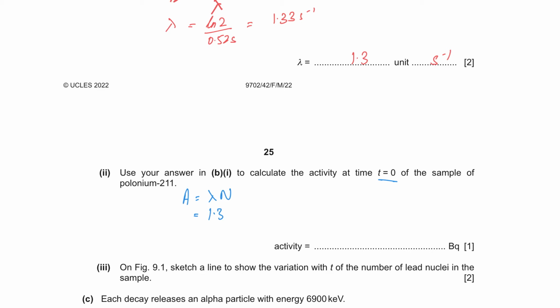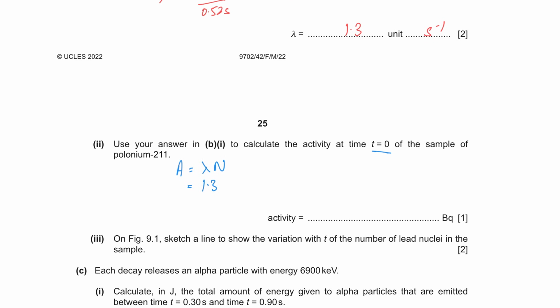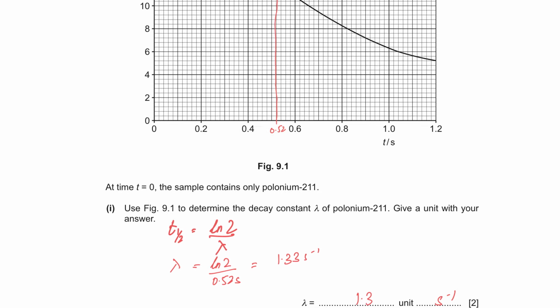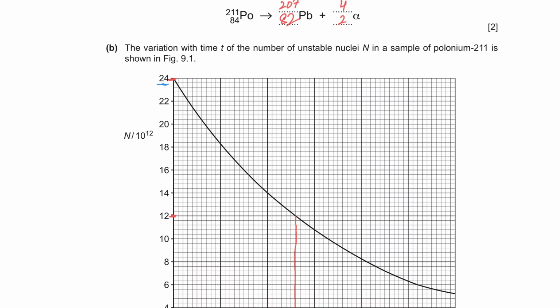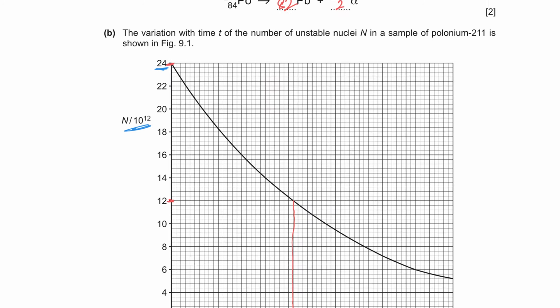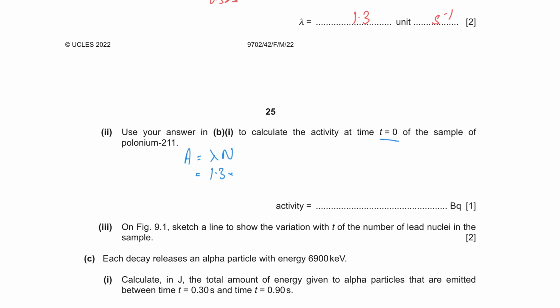The number of undecayed nuclei that can be read from the graph is 24 into 10 to the power 12. So we'll simply use this value, 1.3 times 24 into 10 raised to the power 12, and this is equal to 3.1 into 10 raised to the power 13 becquerels.